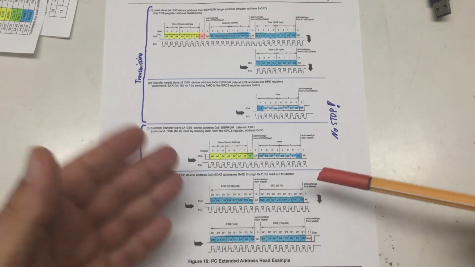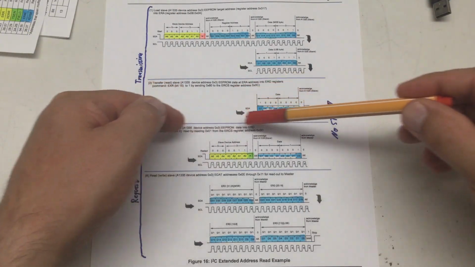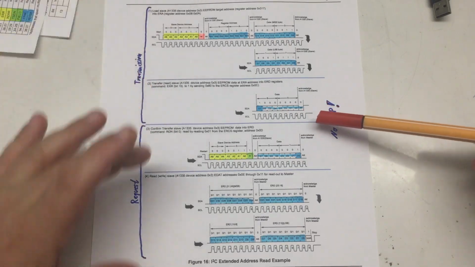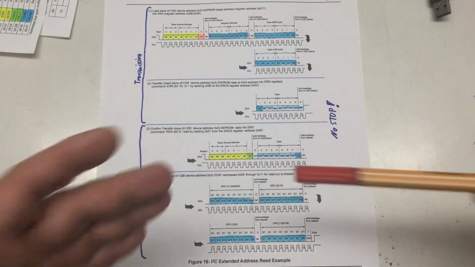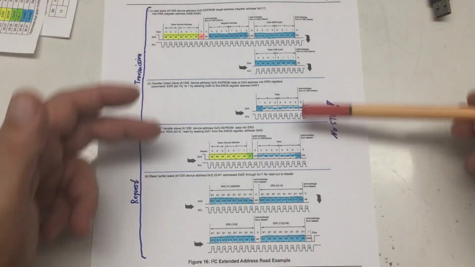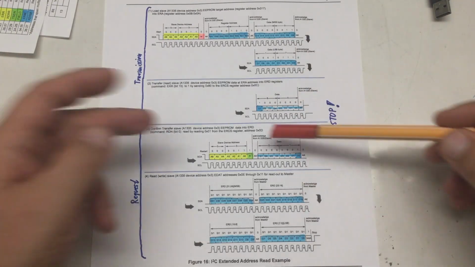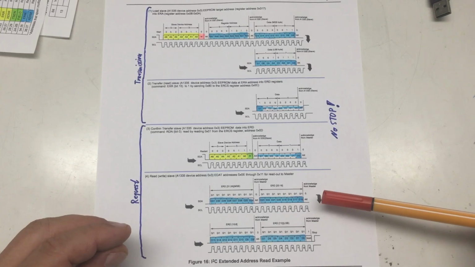However, as we learned, that's not the whole truth. You have basically to wait here between your two I2C transactions because the chip needs some time to actually process the first transmission and really make the data available here in the registers.